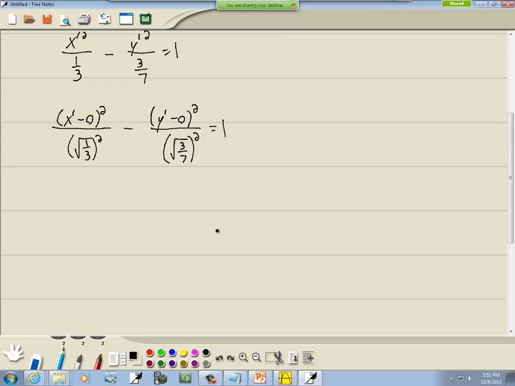Okay, well, I need to simplify that a little bit. So this becomes x prime minus 0 squared over, well, let me show all the steps. Can't have a fraction inside of a square root, so split it up. Square root around the top, square root around the bottom. Same thing over here.